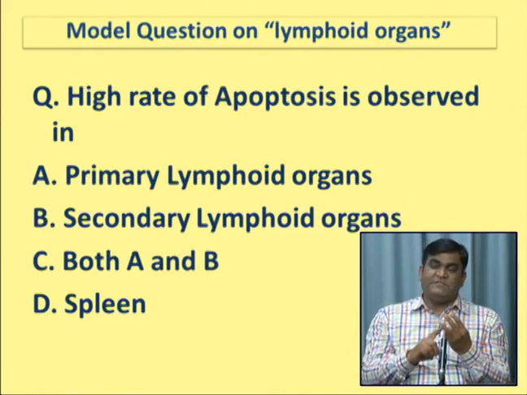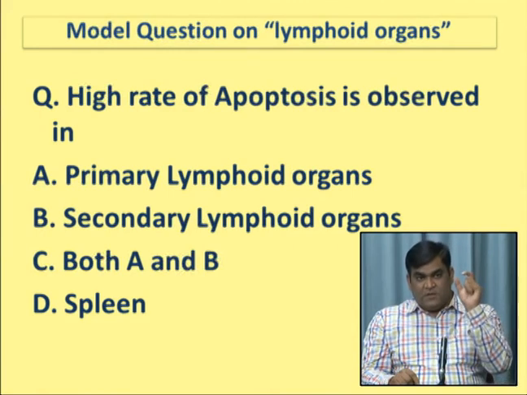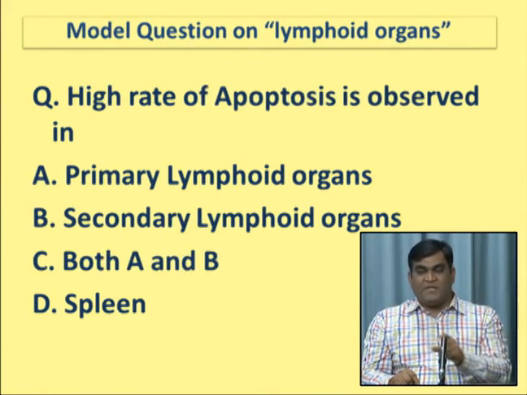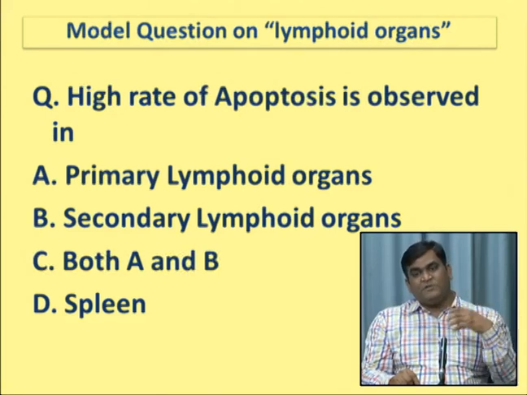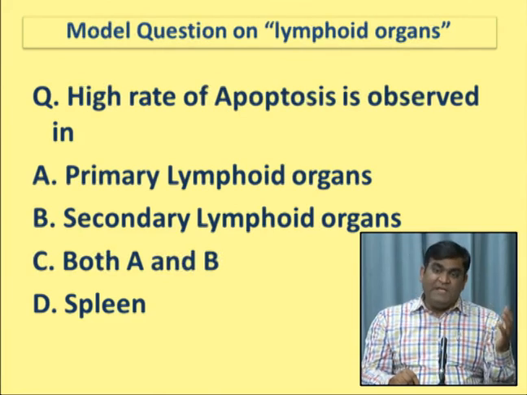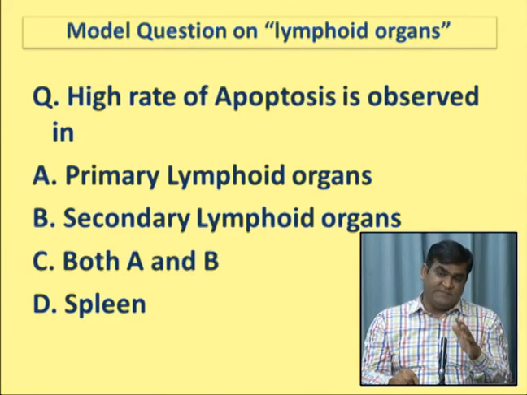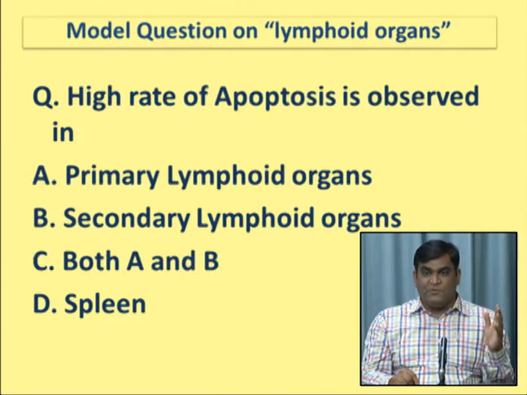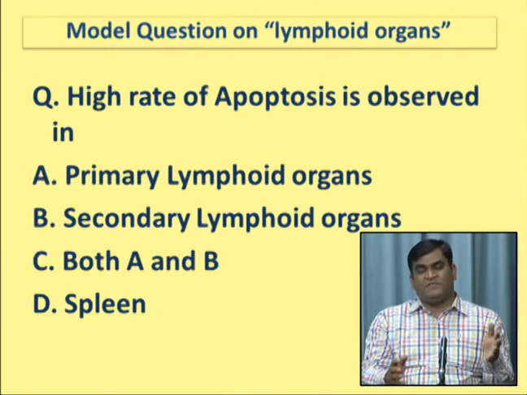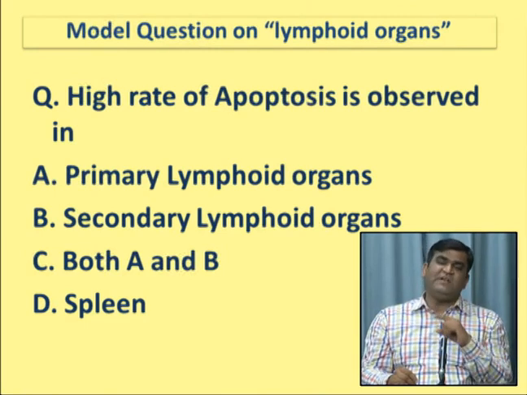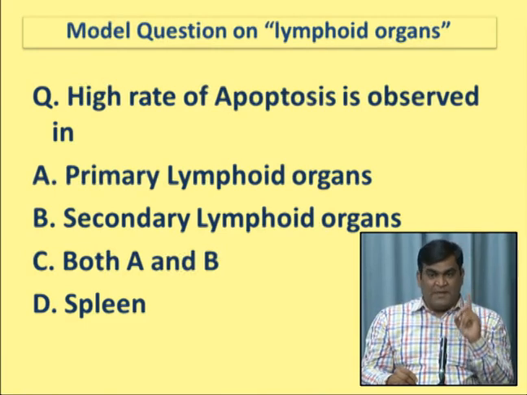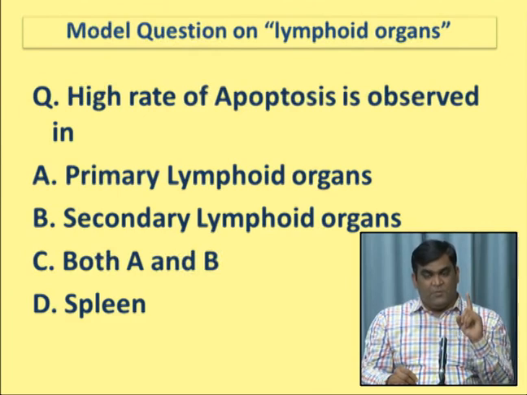Only those cells which recognize non-self molecules and have the rest of the features in appropriate manner will develop and mature further. So 90 to 95% of the cells which fail to achieve all these features will die within the primary lymphoid organs, and that is why a very high rate of apoptosis is observed in primary lymphoid organs such as bone marrow and thymus.